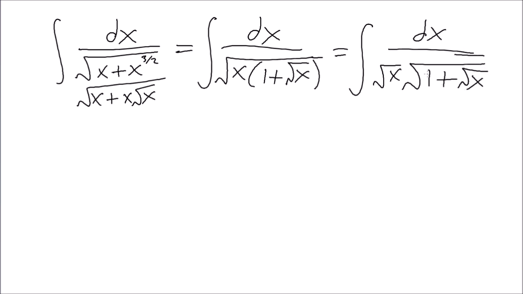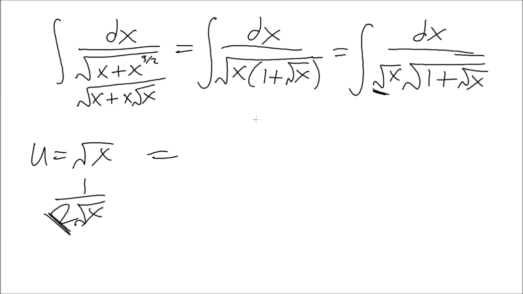Oh, cool, this is a basic u substitution. Let u equal square root of x. The du will take care of this, but don't forget about the 2. Because the derivative is this, don't forget about the 2. So we get 2 integral du. Let's actually bring in the plus 1, bring in the constant.